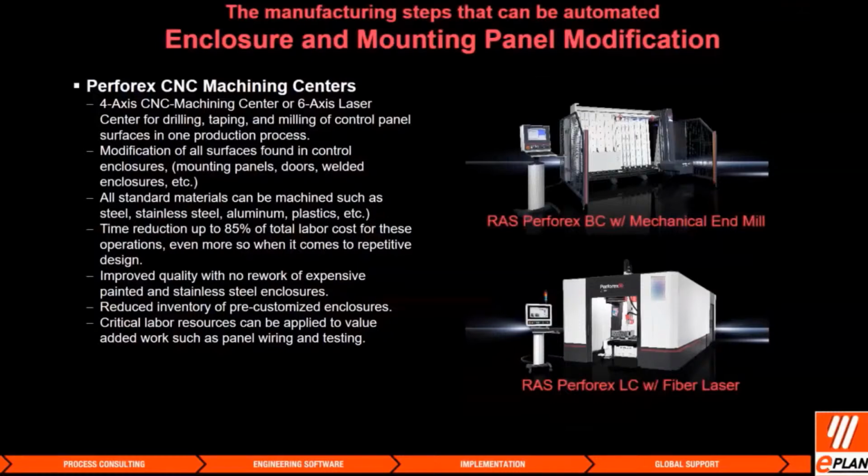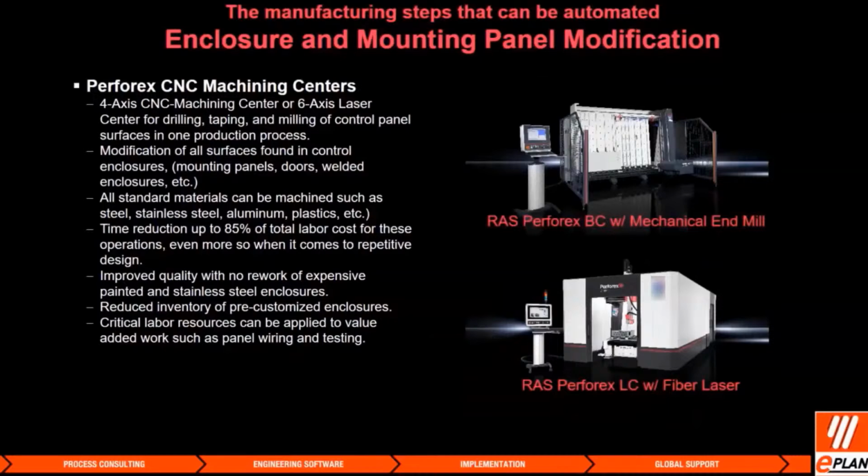Like any automated process, we can expect improved quality with no rework of those enclosures that you're buying that are expensive. And also we offer the opportunity of reducing potential inventory of pre-customized enclosures or long lead times that may incur from panel manufacturers, I should say enclosure manufacturers, to you.